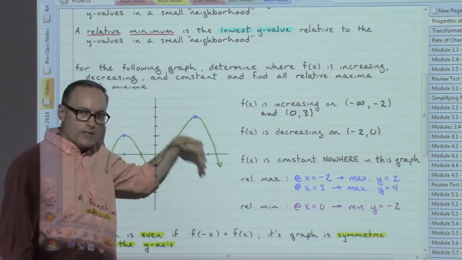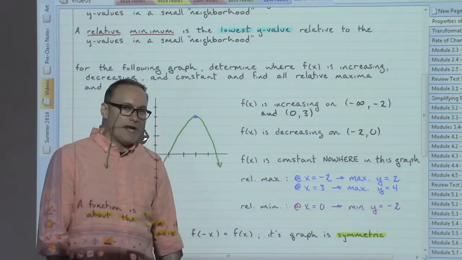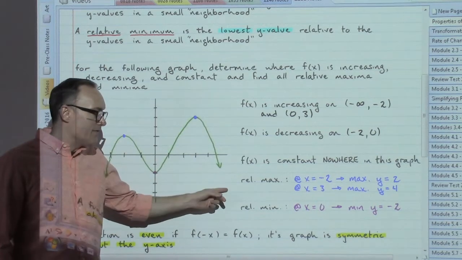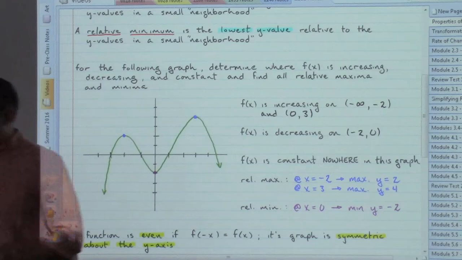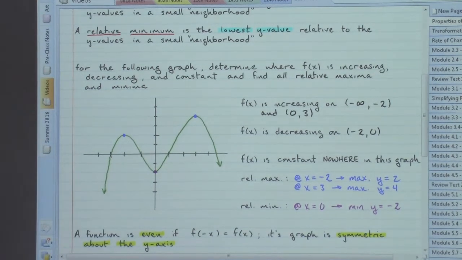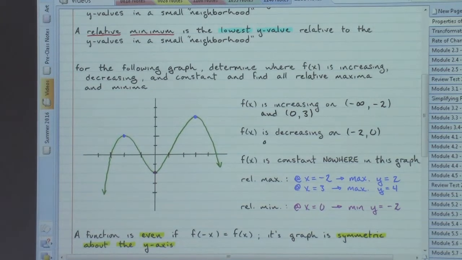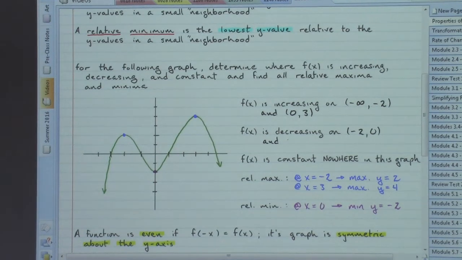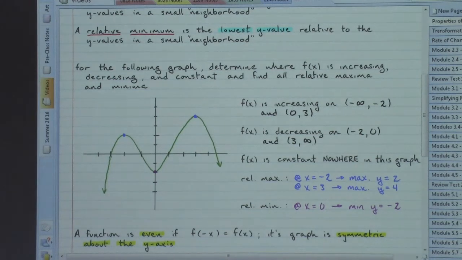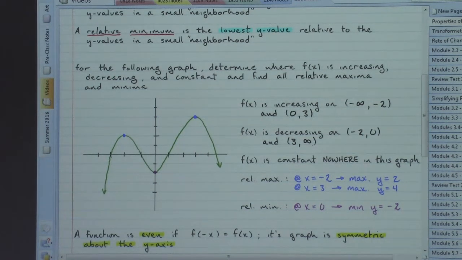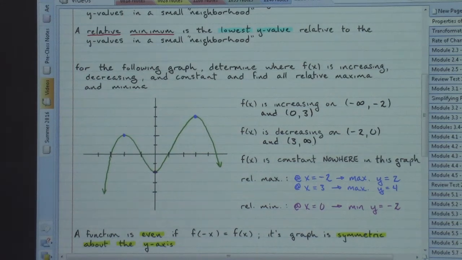That arrowhead is telling us it's going to continue to the right and downward, so everything else past this is also decreasing. So we're going to write that in as another chunk of decreasing behavior: parentheses 3, comma, infinity.